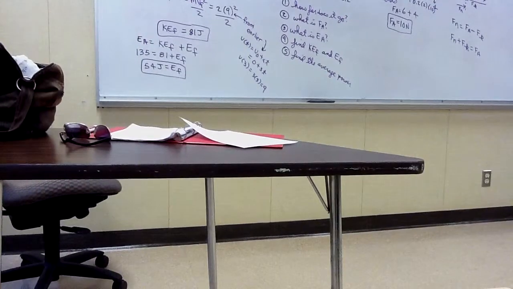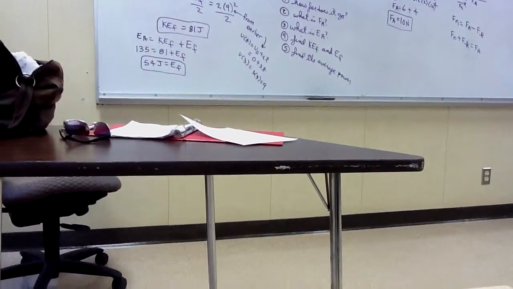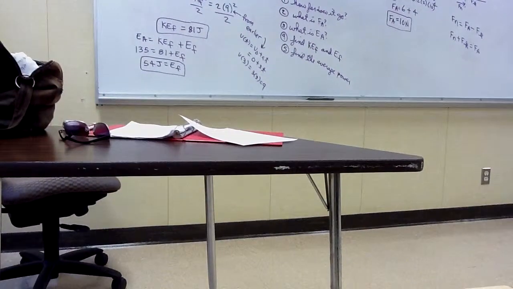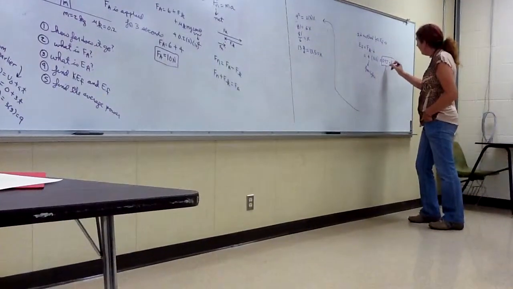We know the distance is 13.5. And so that does give us exactly 54 joules. So we can see that we aren't just making stuff up and saying, just trust me, this is how it works. It all does hold together.